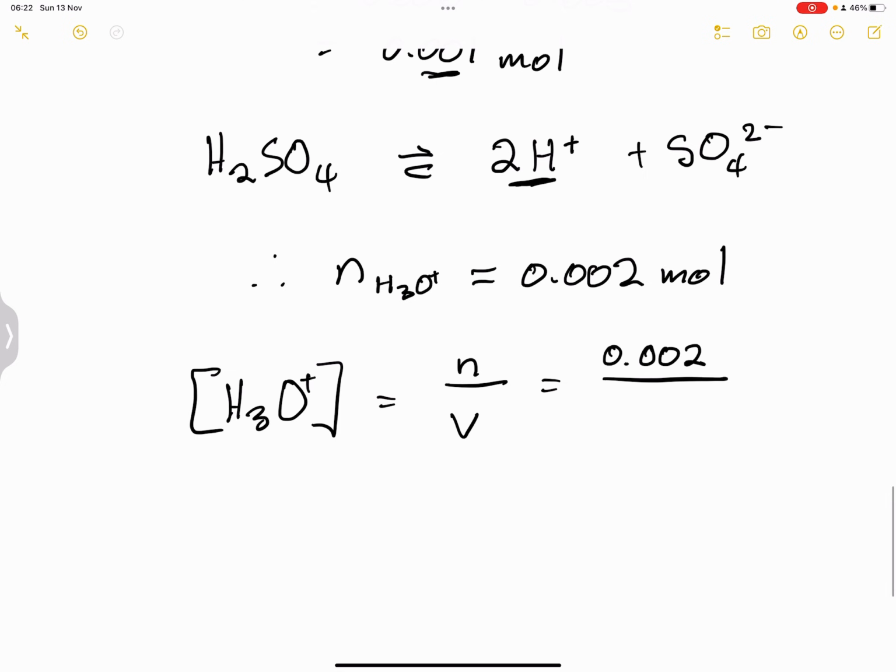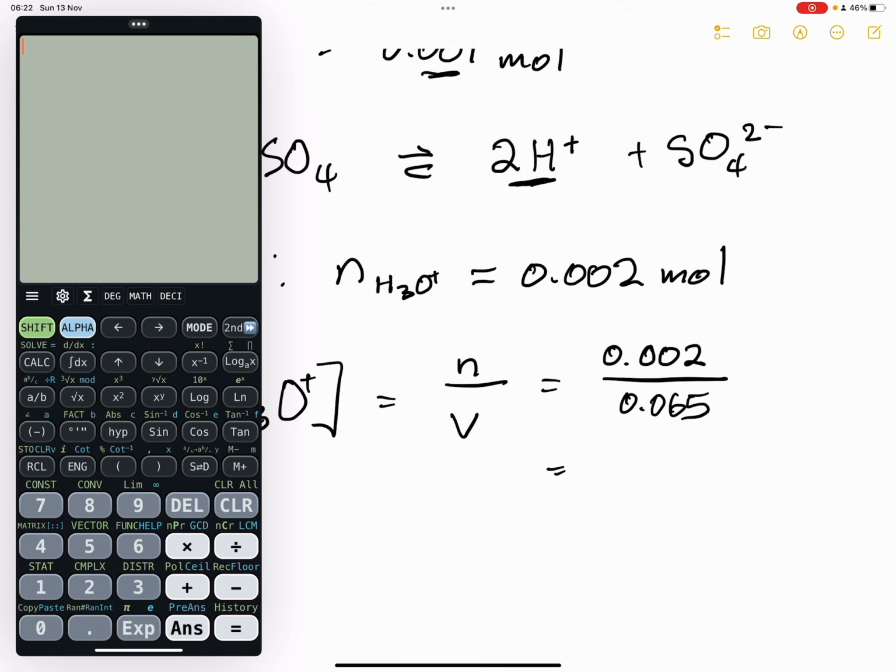That's 65 divided by 1,000, which is 0.065. Essentially we've almost come to the end of this question. So 0.002 divided by 0.065, and I get 0.03 moles per cubic decimeter.